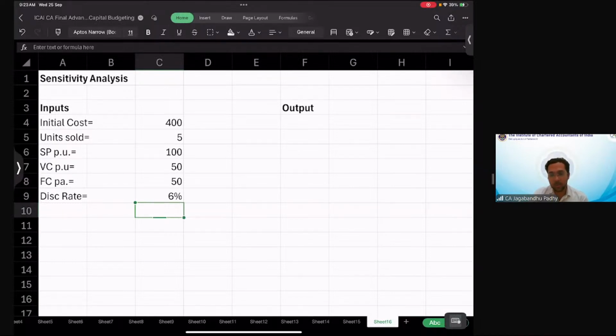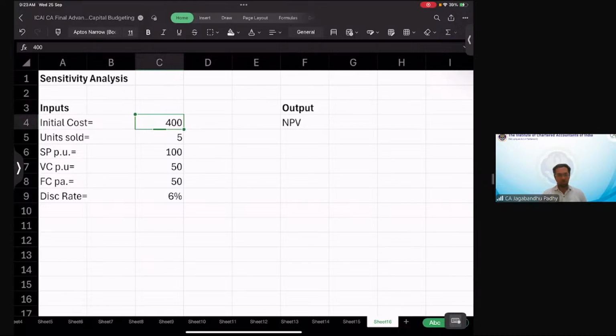Now, what is the output that we are expecting from these particular inputs? We are looking at the output as one single term, which is NPV, right? So inputs are this set of numbers, and your output is going to be NPV.